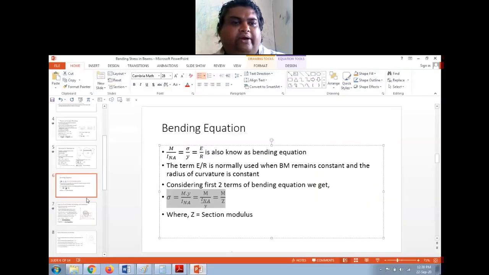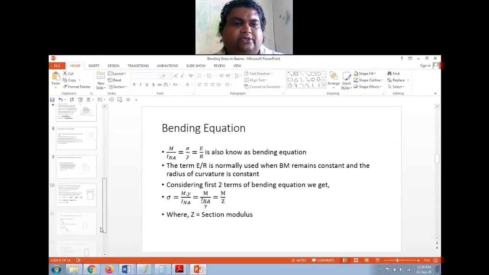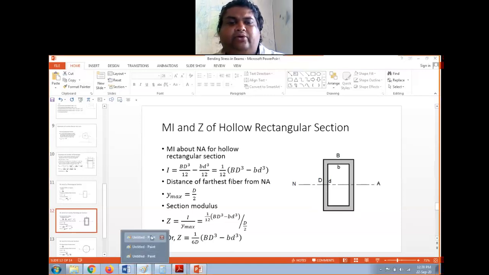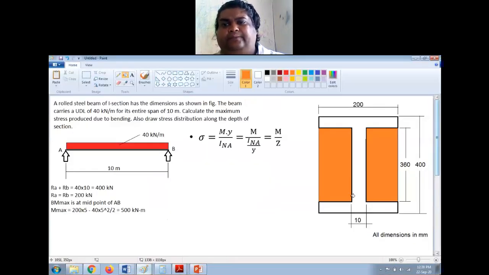So what we did for finding the hollow rectangular section moment of inertia, we did outer section minus inner section. So same thing we are going to use here. Now I will just name this rectangle.